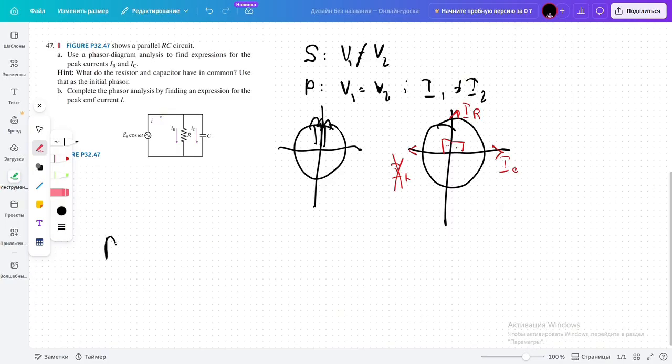In the decomposition part, I decompose the circuit into two independent branches. The resistor branch, where the current follows Ohm's law, which we already know. And the capacitor branch, where the peak current depends on frequency and capacitance.